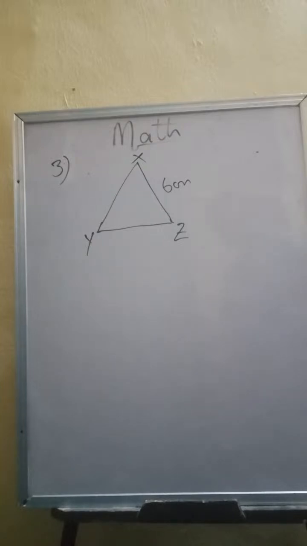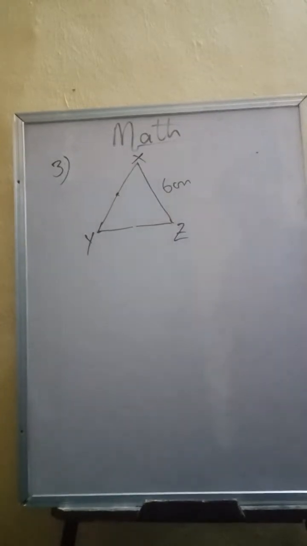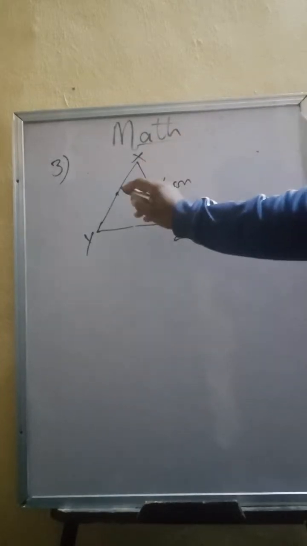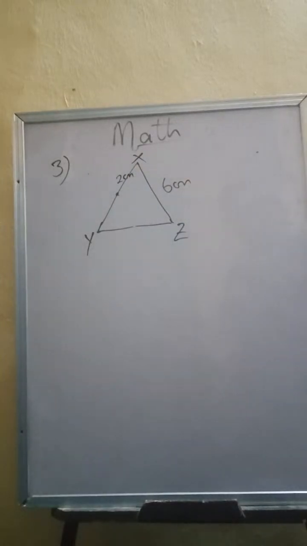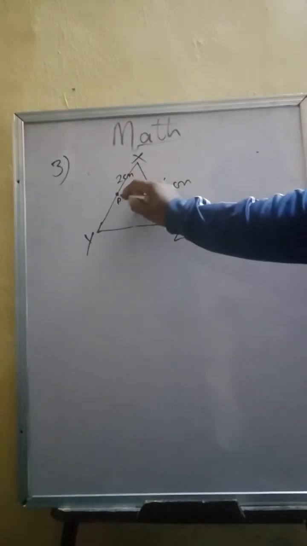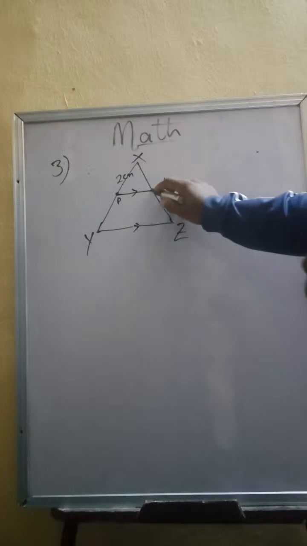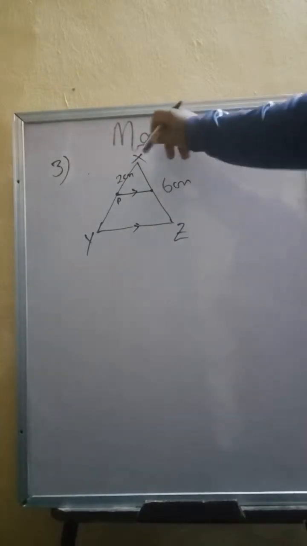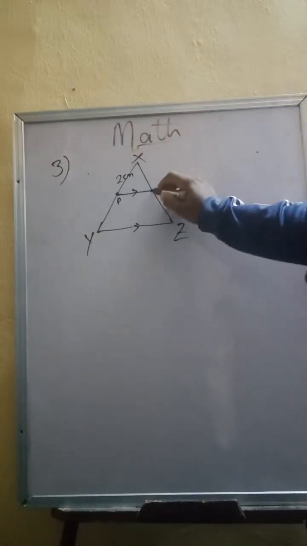It says P is a point on the side XY, such that XP is 2 cm, and the line through P parallel to YZ meets XZ at Q. So this is Q.